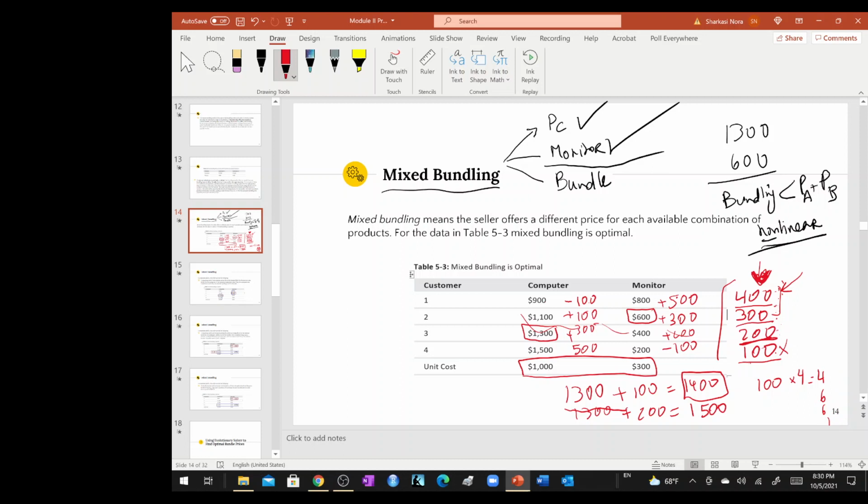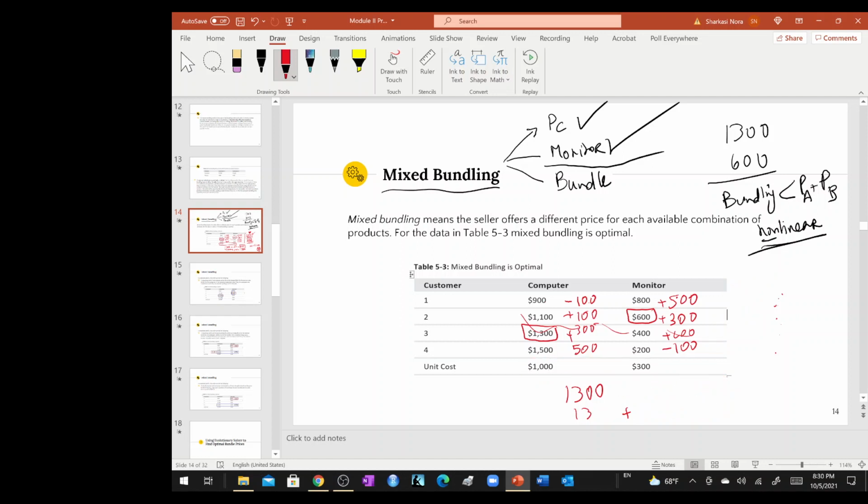But in our example, it just happened that all the numbers here are 400. So in this case, yeah, this is how you are going to make a decision.